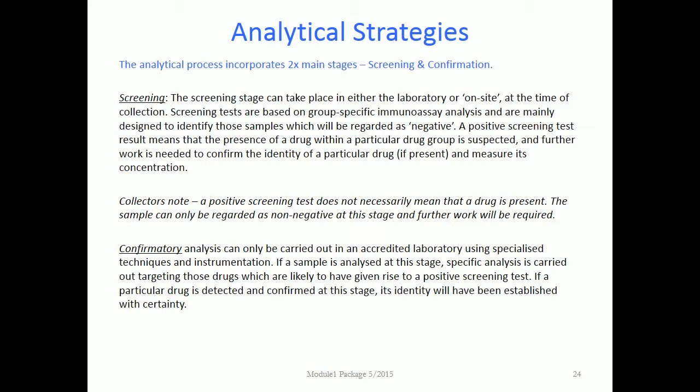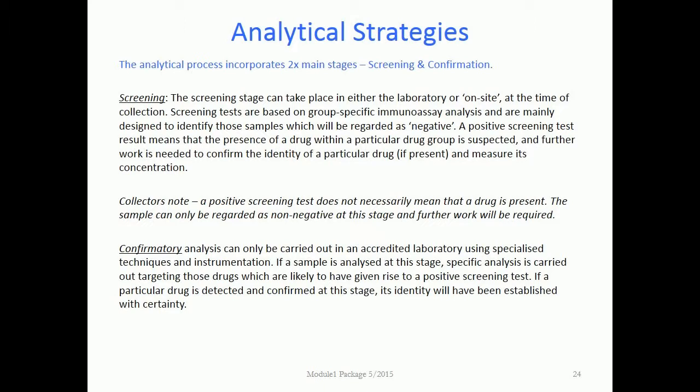Analytical strategies. The analytical process incorporates 2 main stages: screening and confirmation. Screening. The screening stage can take place in either the laboratory or on-site, at the time of collection. Screening tests are based on group-specific immunoassay analysis and are mainly designed to identify those samples which will be regarded as negative.